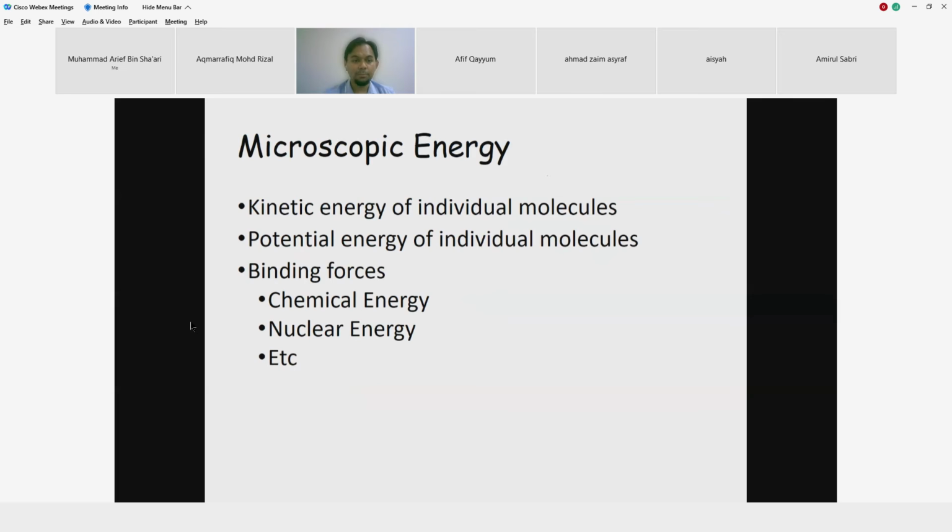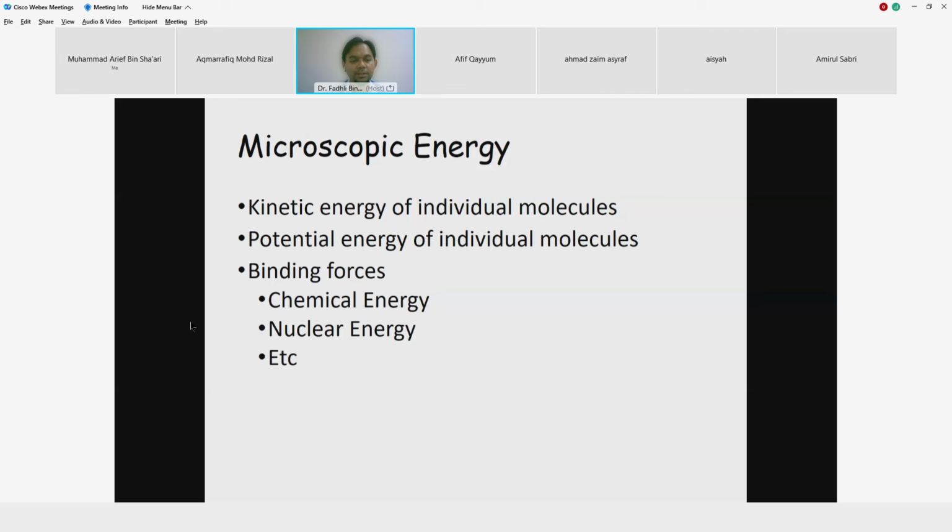Next, microscopic energy. We still deal with kinetic energy and potential energy, but for the microscopic approach, we look at the individual molecules: kinetic energy of the molecules, potential energy of the molecules, or even binding forces.